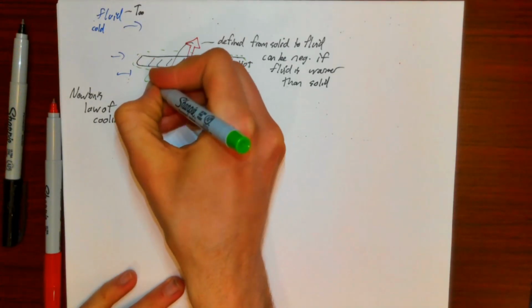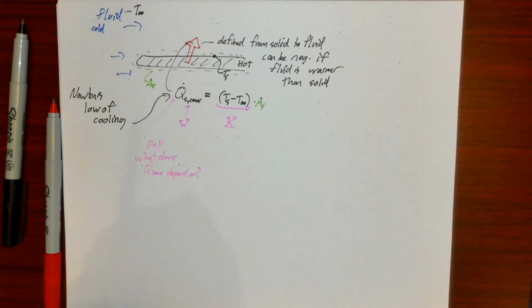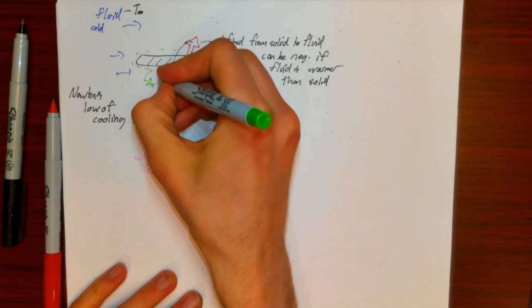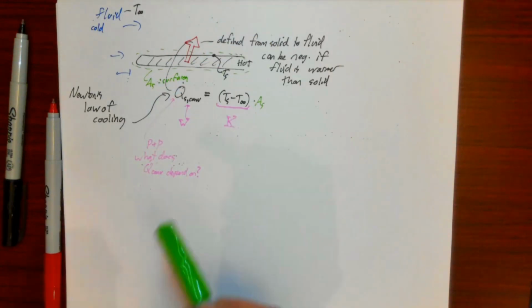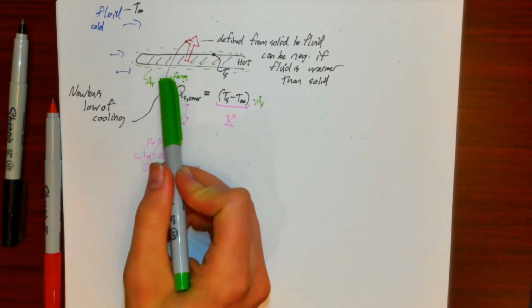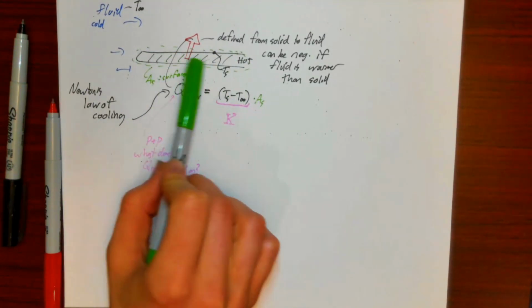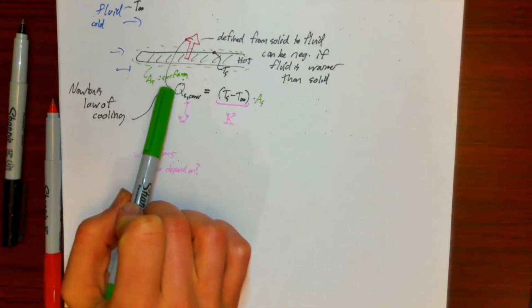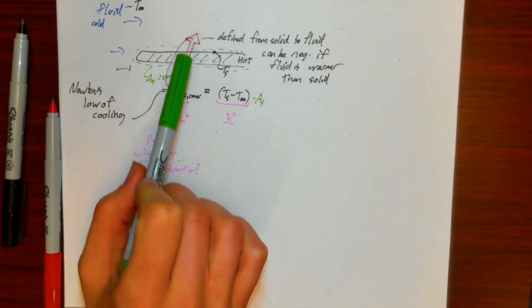So there might be some surface area that's in contact with the fluid, and we know the more surface area exists on something, the more readily that heat can get convected away from it.